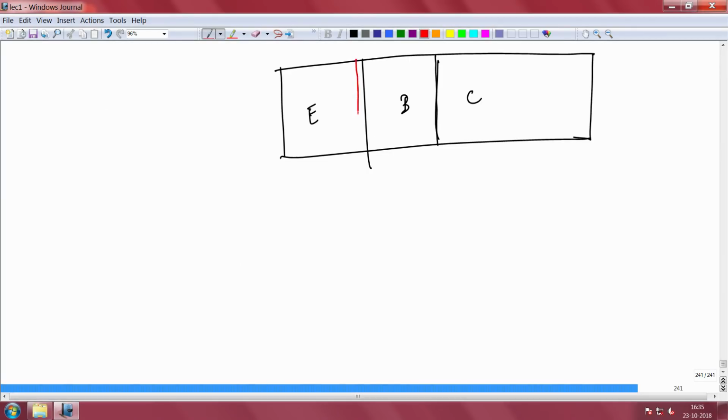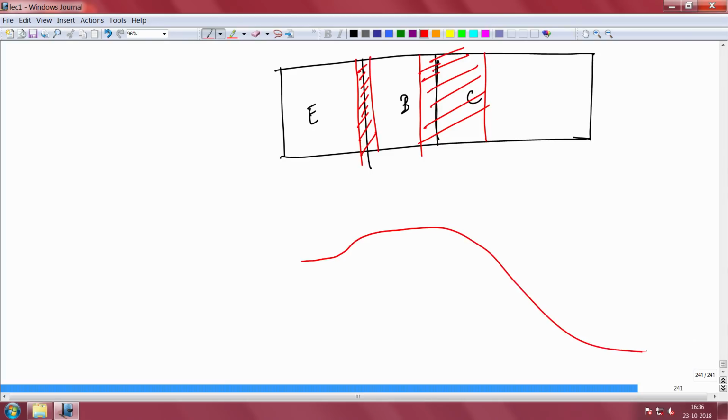The forward bias junction has very little depletion, and the base-collector is reverse biased, so the base-collector depletion is large. Now, you have a band diagram that looks like this. This is the emitter, this is the base, this is the collector.